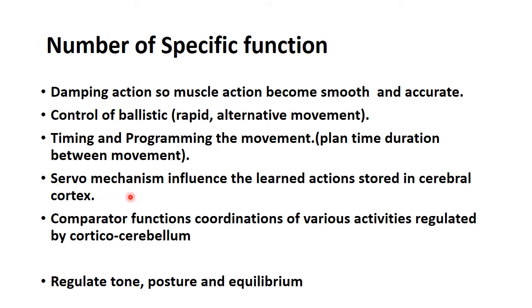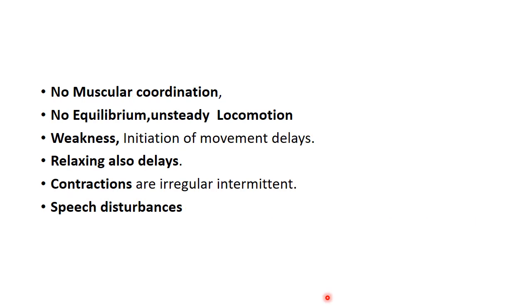Servo mechanism means it recollects the memory of the learned actions which is stored in the cerebral cortex, and the comparator functions, which is coordination of the various activities, regulated by the corticocerebellum. Besides this, it also regulates tone, posture and equilibrium.